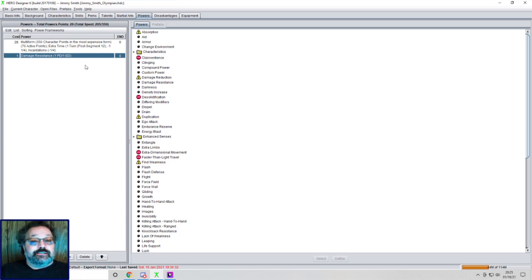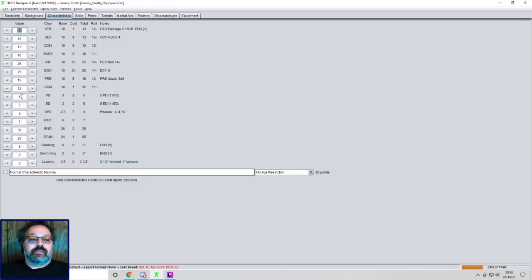The other difference is that with a killing attack, if you have no resistant defense, you have no defense. Alright? That bears repeating. If the attack coming in is a killing attack, and you have no resistant defense, no damage resistance, then you are defenseless. Normally, against a normal attack, this 5 points of PD or ED would be subtracted from the total of the dice, and there you go.